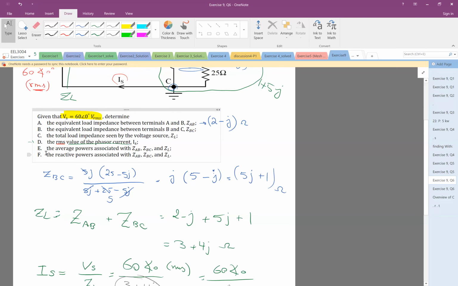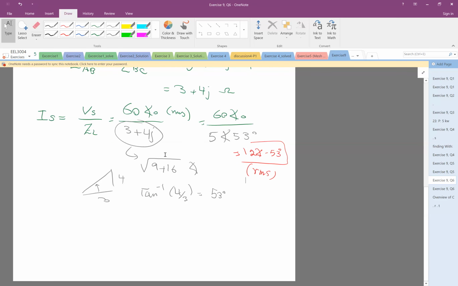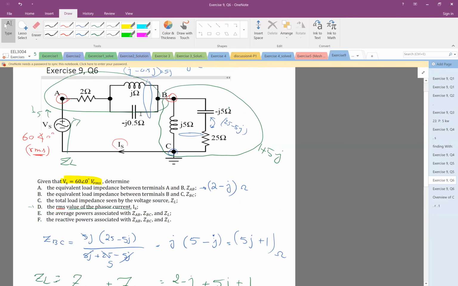Part E, the average powers associated with ZAB, ZBC, and ZL. We have the load, and we want to find the average power, P. In this case, we have the Z, the load, and also the current.